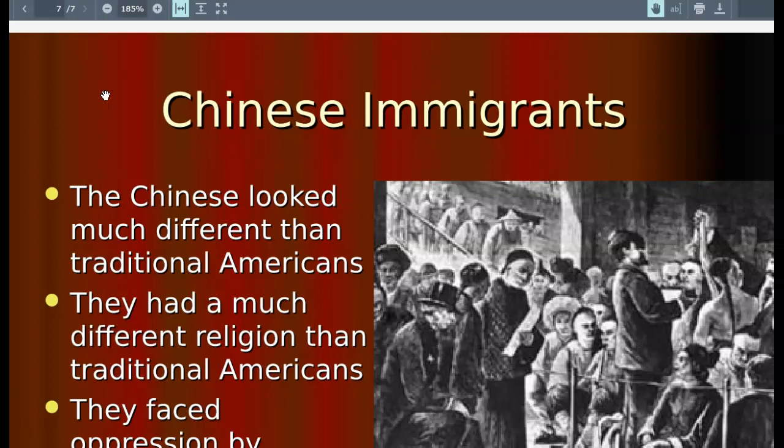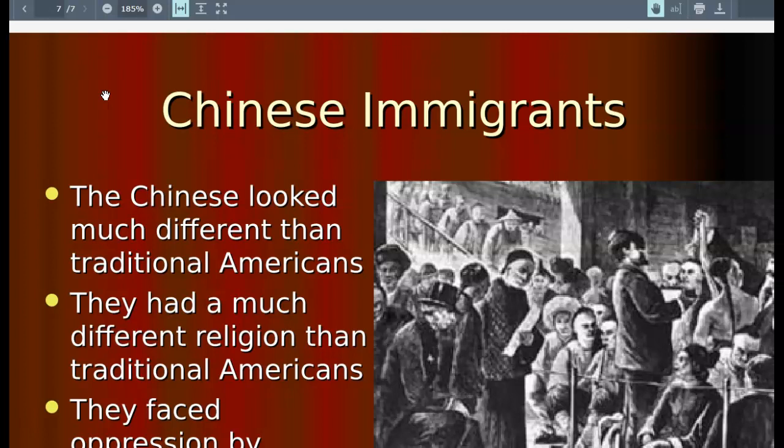And there was even something called the Chinese Exclusion Act, which barred people from China to move to the United States. And that was an actual piece of legislation. It was a law that said it's okay if we deny these people access to the United States.